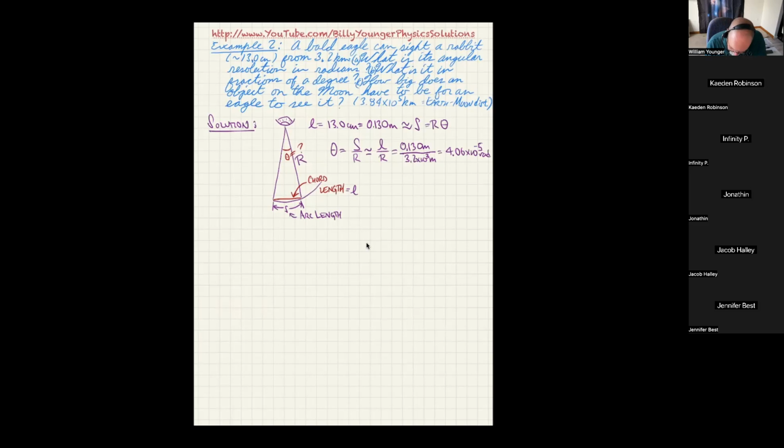So we can see in part A what is the angular resolution in radians. Theta angular resolution is equal to 4.06 times 10 to the negative fifth radians. So that's our answer for part A.